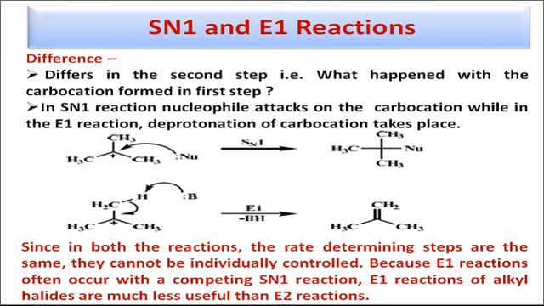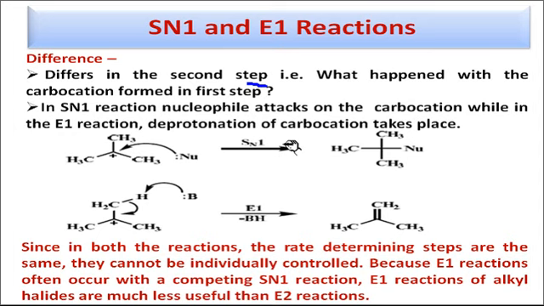Now, what are the differences between these reactions? These reactions differ in the second step, that is, what happens with the carbocation formed in the first step. So the first step is the same, that is the generation of the carbocation. Now the second step is different. In the second step, what happens in the SN1 reaction?